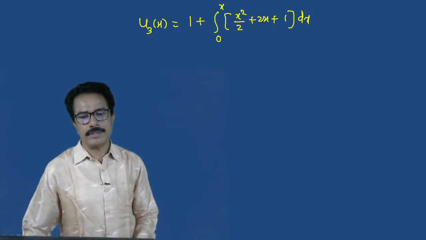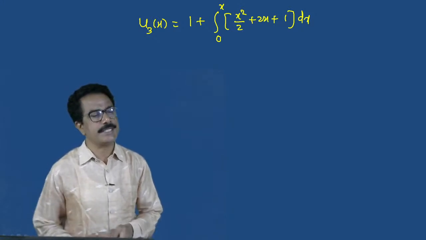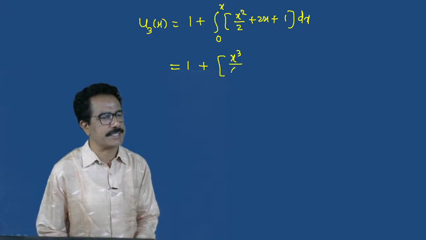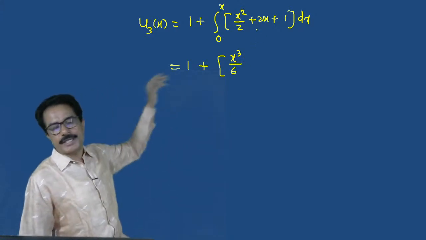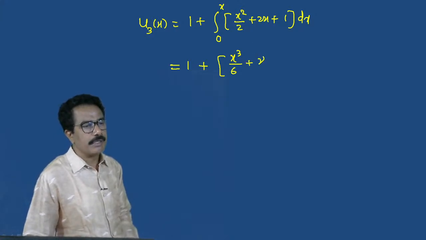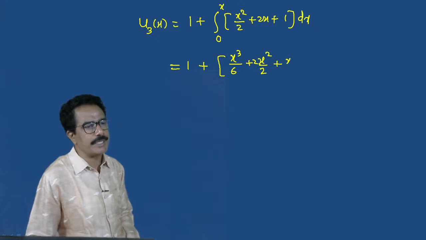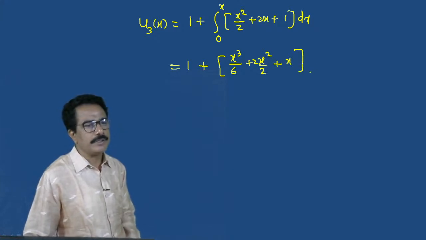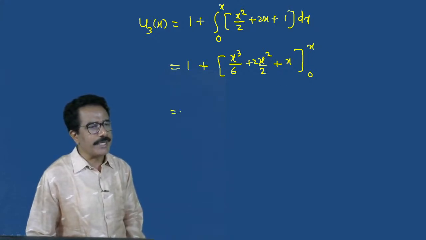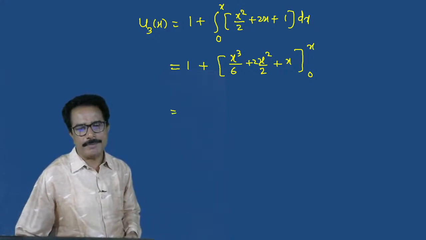Now we have to calculate the integral of this function. So 1 plus, the integral of this is x cube by 6. The integration of 2x is x square, plus x, from 0 to x. So we can write the upper limit and lower limit.